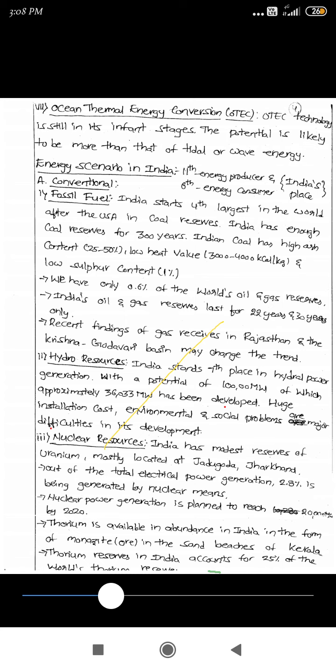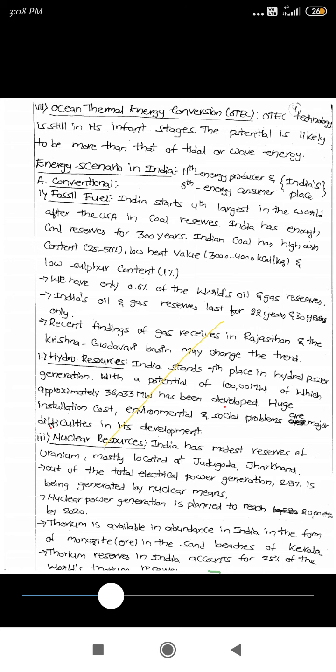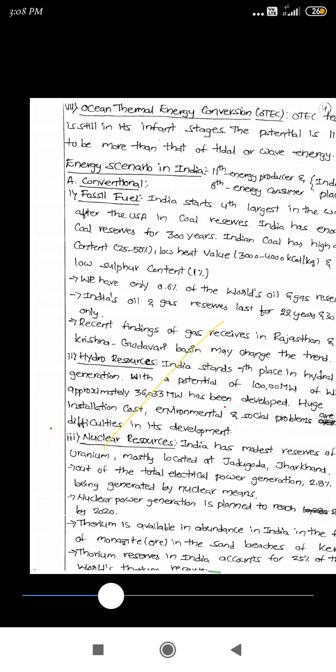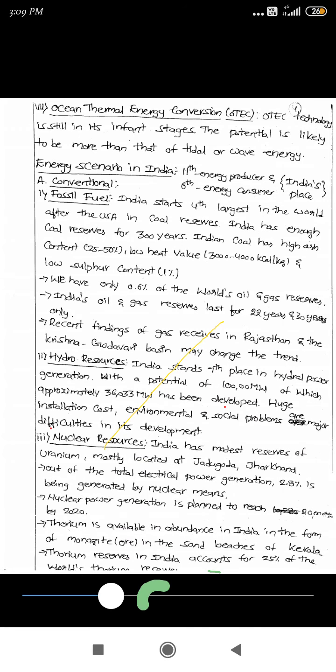The potential is likely to be more than that of tidal or wave energy. It is still under process; it is not fully developed yet, it is going to be developed. So the non-conventional sources include solar, wind, biomass, geothermal, tidal energy, wave energy and ocean thermal energy conversion.